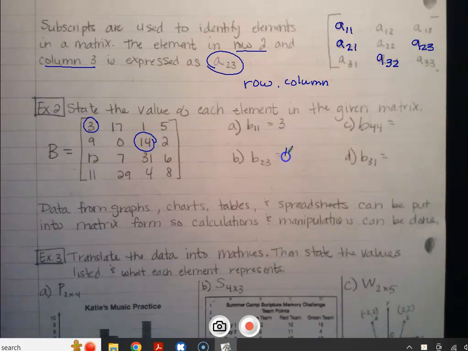Very nice. Okay, so that's 14. How about C? What is our element in row 4, column 4? 8. Very nice. And the last one, row 3, column 1. 12.